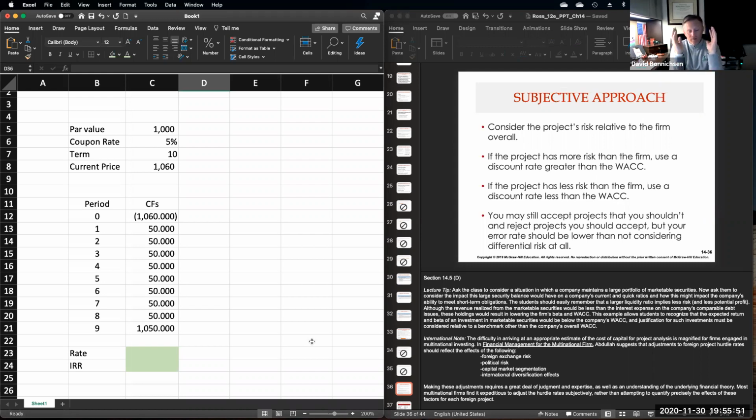We have a project that's going to cost us some money to put in place, whether that's pure capital dollars for a physical piece of equipment, or pure capital dollars for working capital needs, salaries, things like that, before we start to generate cash flows for the project.